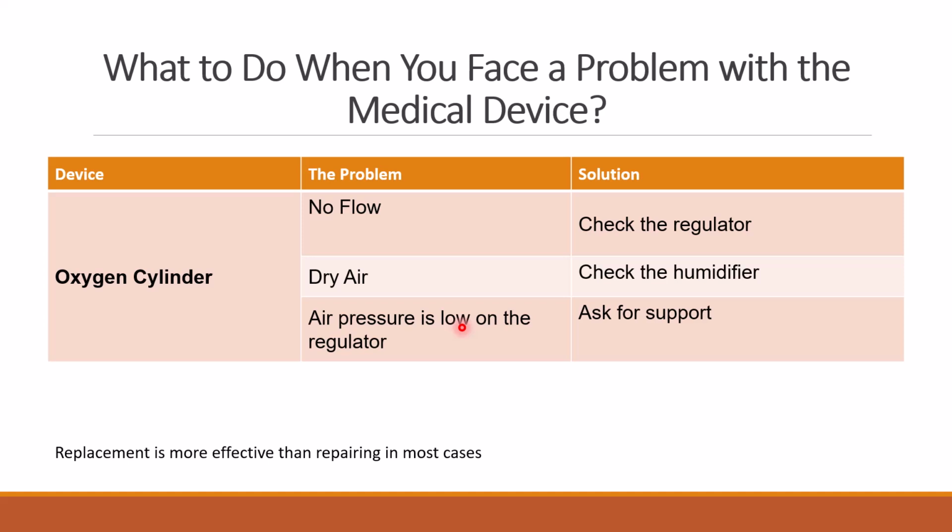Air pressure is low on the regulator means that the cylinder will finish soon. According to the flow rate that you are going to give to the patient, and according to the nurse's experience, she will know when the cylinder will be finished. So it's very important for you just to check when you need a new oxygen cylinder.